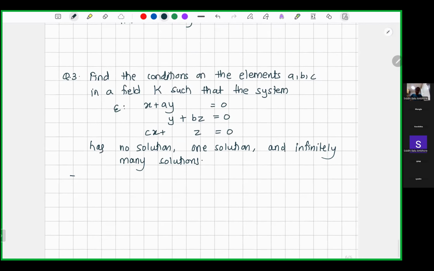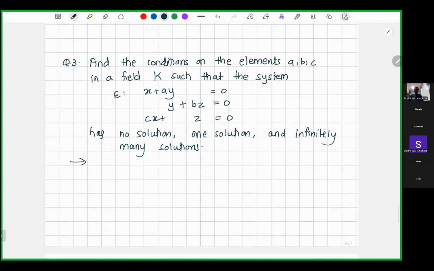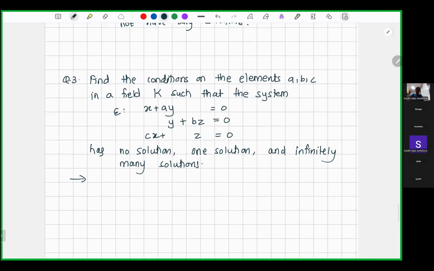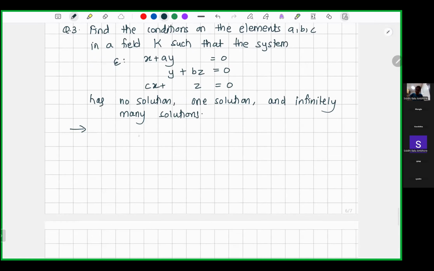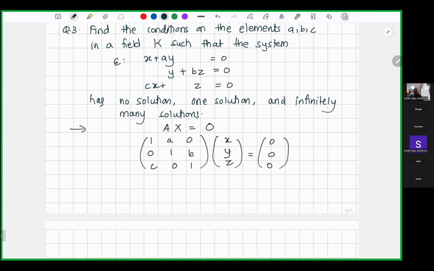So if I want to write this in the compact matrix form, it is the matrix with rows 1, A, 0; 0, 1, B; C, 0, 1, times X, Y, Z. Can you tell me the conditions where the solution will not exist?